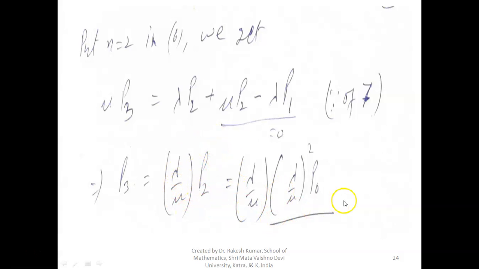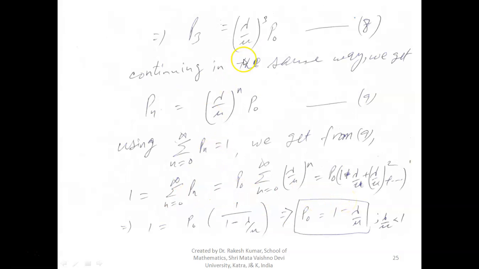Putting that value here, we get p3 equal to lambda upon mu cubed p naught. Continuing in the same way, we get p_n equal to lambda upon mu raised to the power n times p naught. So iteratively we reached this p_n. Now we will use the normalization condition, that is, the sum of all the probabilities equals 1.